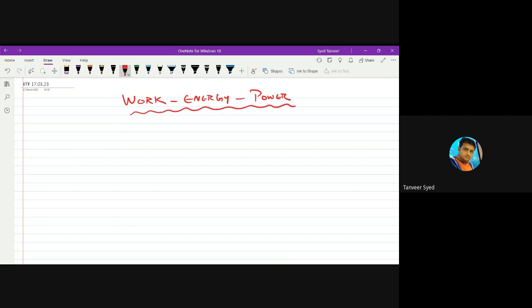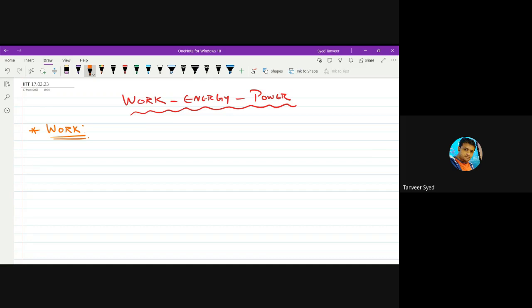Work, energy, power. As the title of the chapter itself says, we will be discussing these three concepts. What is work, what is energy, what is power. First one, work. Work is a very common term that we use in our day-to-day usage.